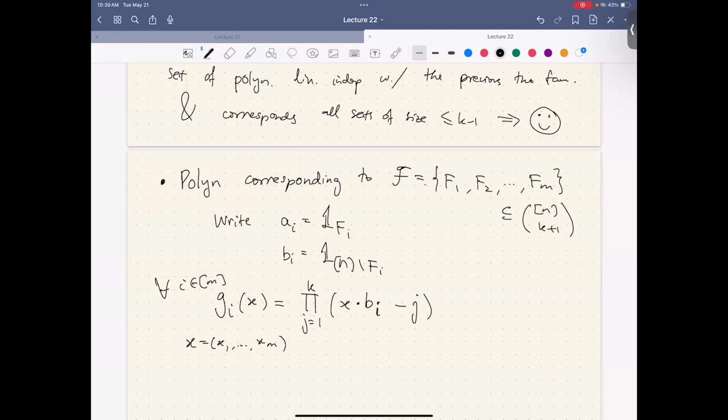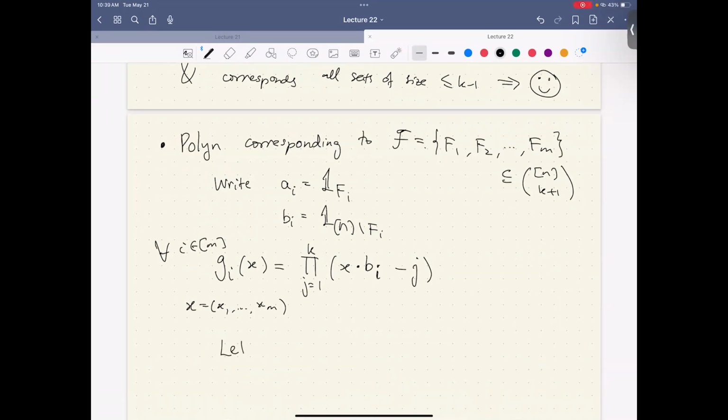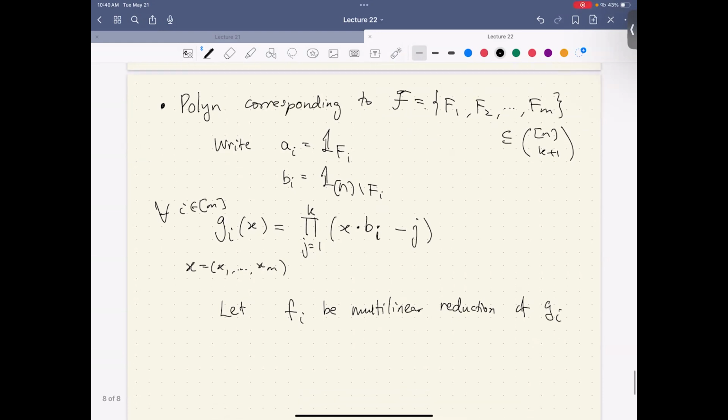Okay, and then we're going to let f_i be the multilinear reduction of g_i. Multilinear reduction, remember, is just that if you have, say, x2 to the 4, x3 to the 5, you change it to multilinear functions.